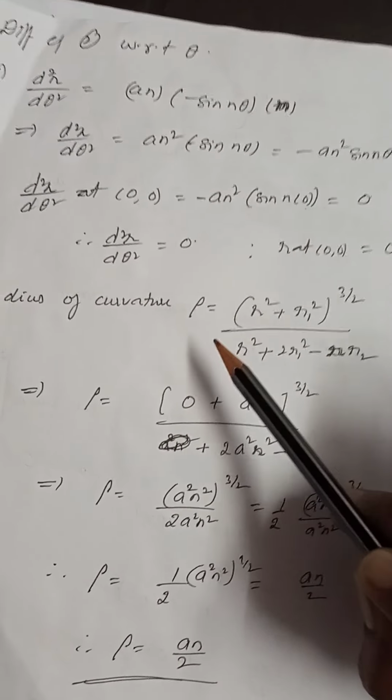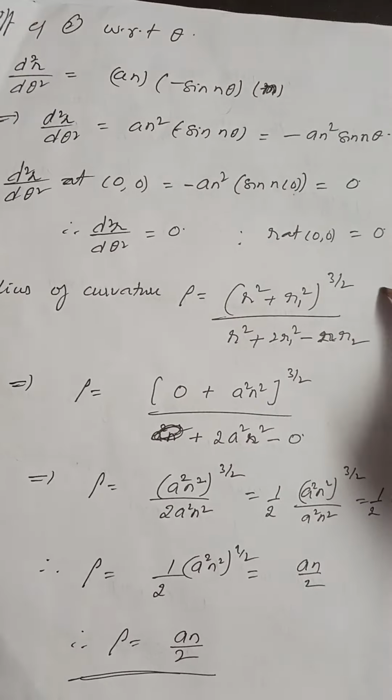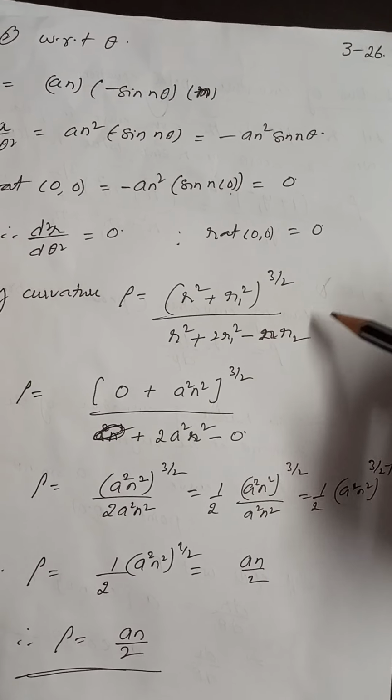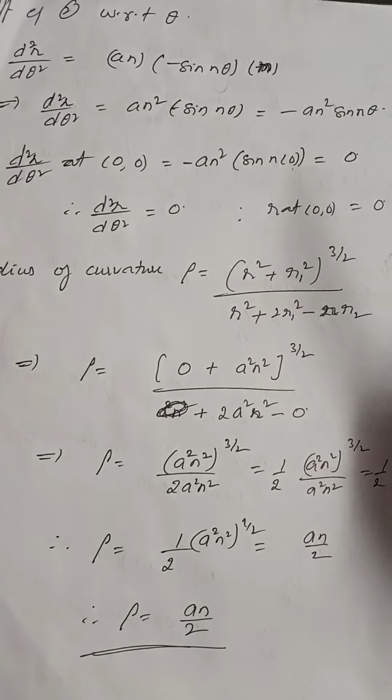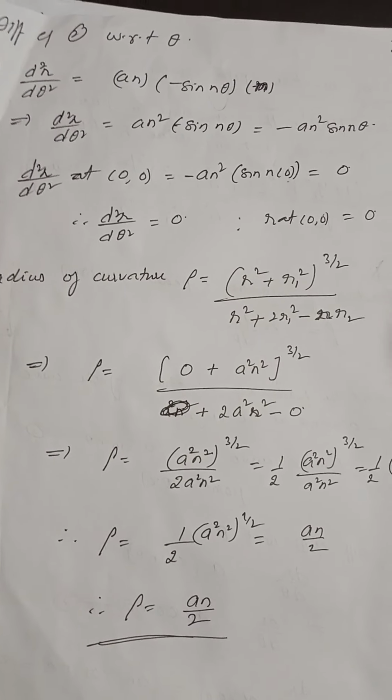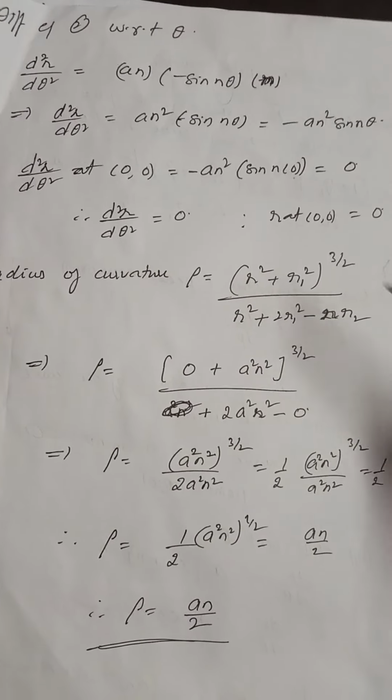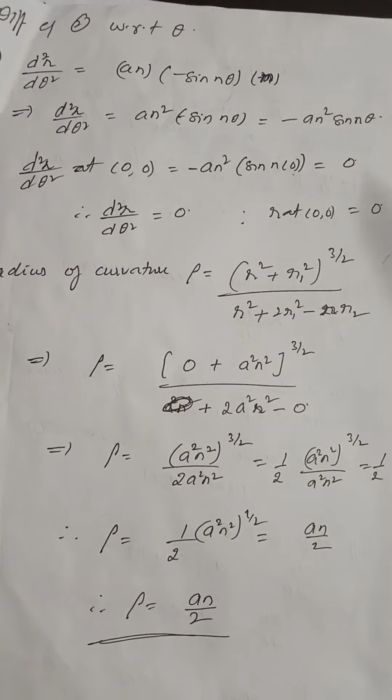Radius of curvature rho is equal to r square plus r1 square whole to the power of 3 by 2 by r square plus 2 r1 square minus r into r2. Now we know r value. What is r value? That is 0. That means r is equal to the given equation, no?